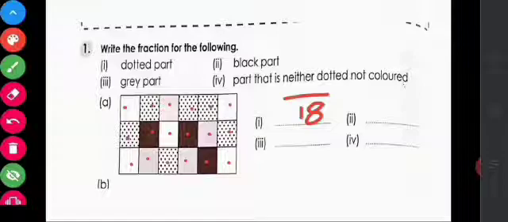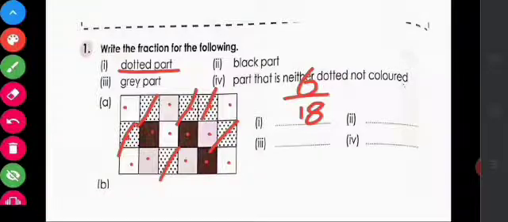They ask for the dotted part. Count the dotted parts. 1, 2, 3, 4, 5, 6. So write 6 in the numerator. What is that? 6/18. The fraction of the dotted part is 6/18.